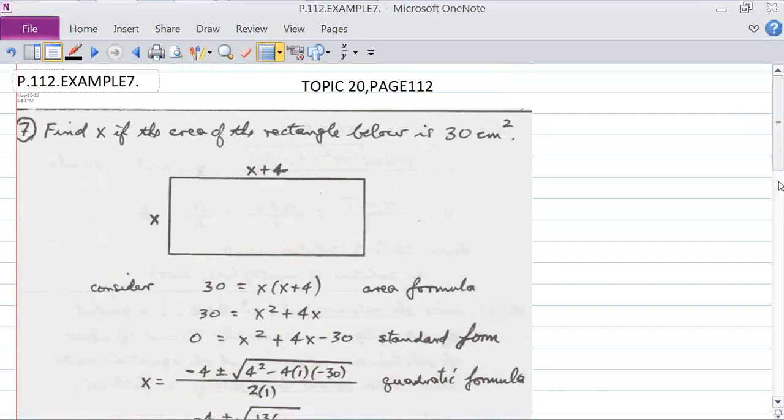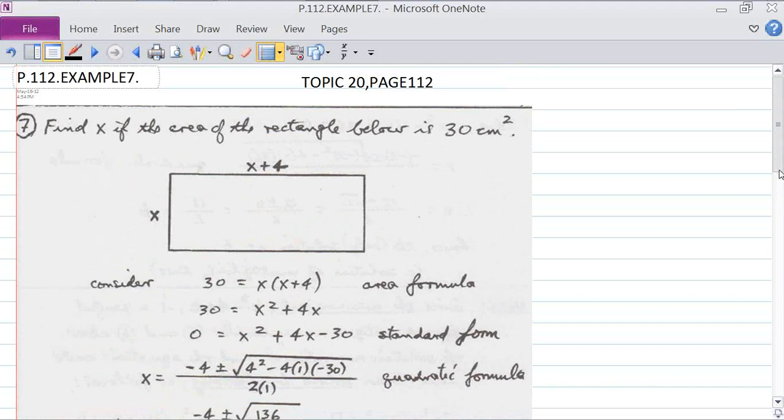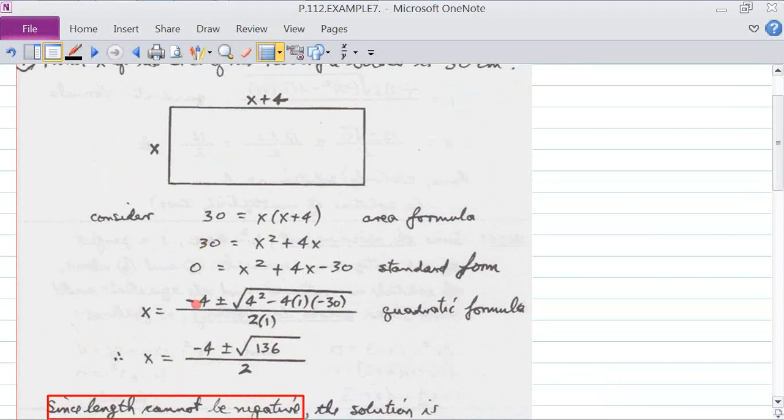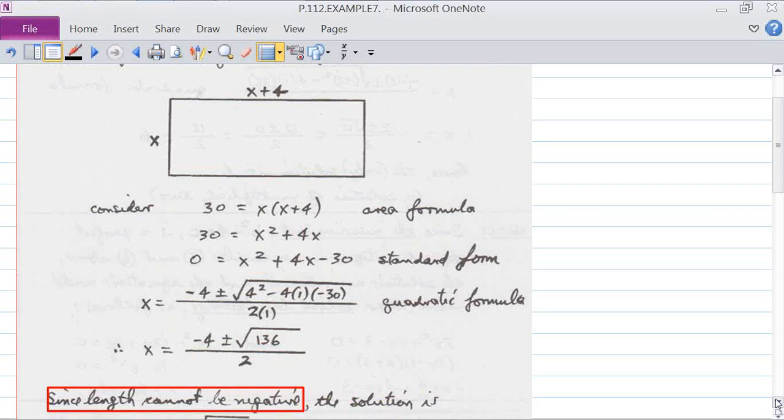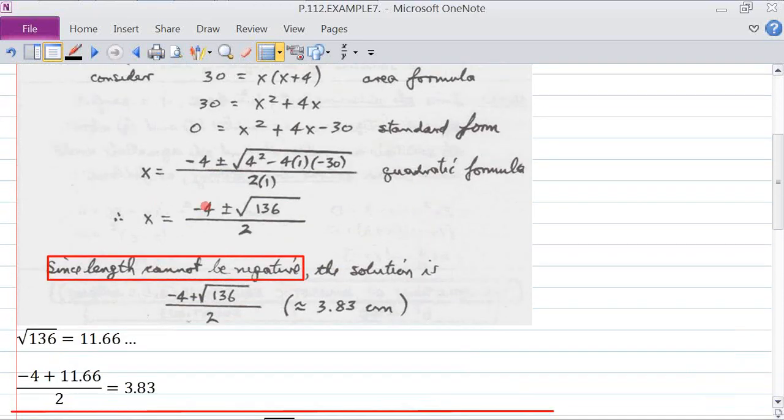So let's go over this again. We took this problem, we solved it. We used the quadratic. This is the exact solution. We removed one of the solutions with a minus because that would have given us a negative length. This leads to the number 3.83, which is an approximation.